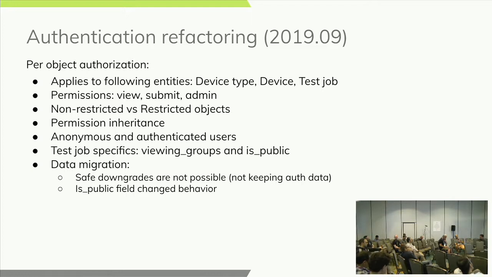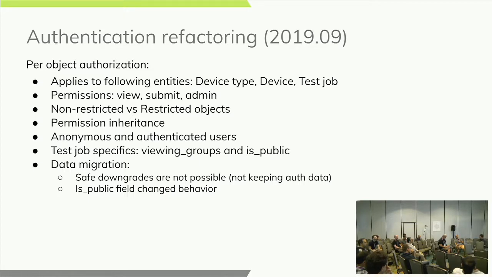We basically didn't want the end user to notice anything during this change and after the migration, so we kept a couple of old settings in the database that apply to the test jobs specifically. The viewing groups and is public settings are remaining in place.